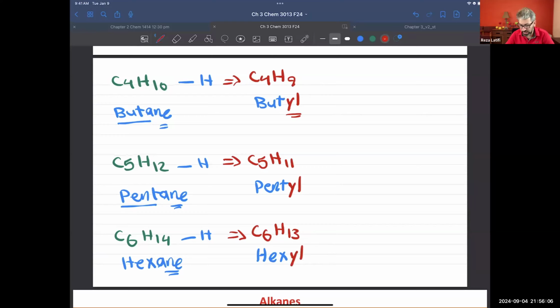How about the symbols? For butyl, we go with Bu. For pentyl, we go with Pe. And for hexyl, the symbol will be Hex. Those are the symbols.